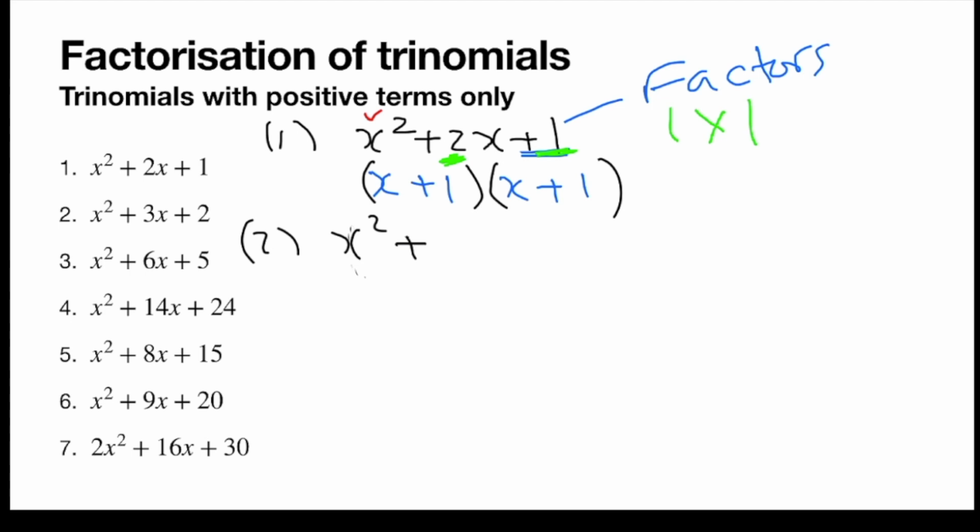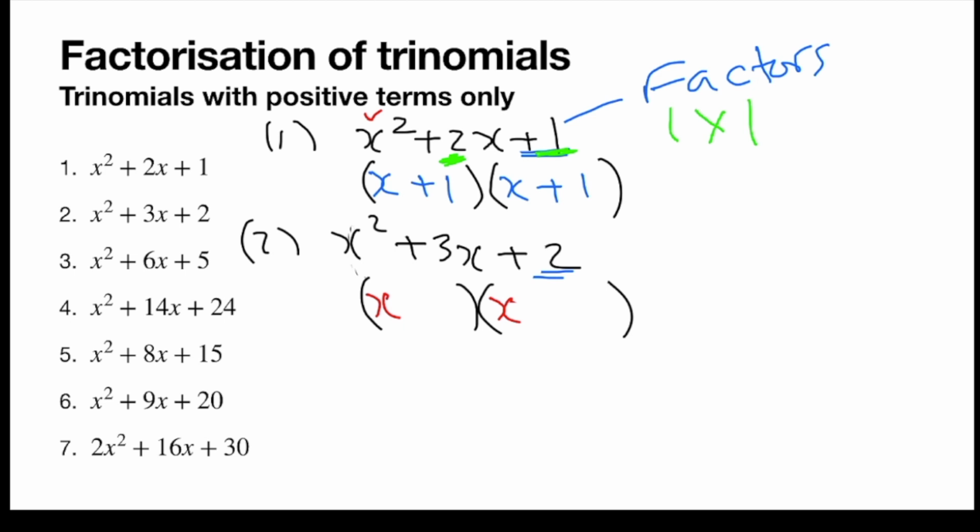Let's look at number 2. X squared plus 3x plus 2. Again, draw your brackets. Then use the first term, x squared. X squared means x times x, so you put x here and x there. Then you go to the last term, which is your 2.